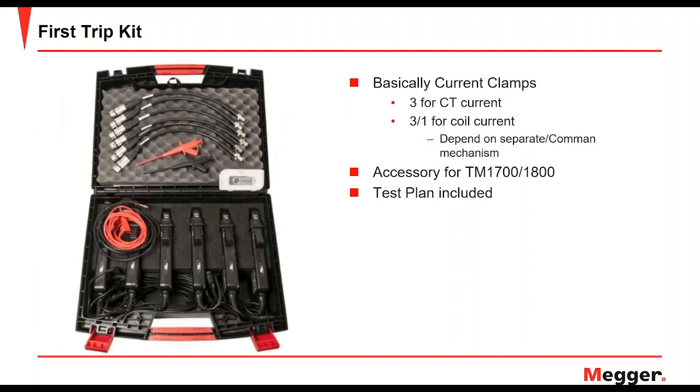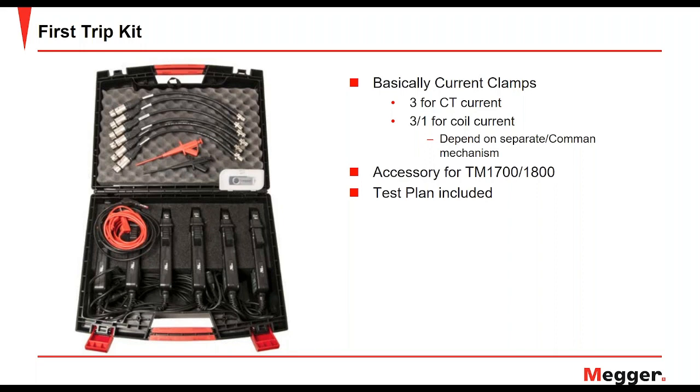This is the first trip kit that we supply with our TM1700 or 1800. It basically contains three current clamps for connecting to protection CTs, or to measure the timing, whether you have a single mechanism or a separate mechanism where each phase has its own mechanism.